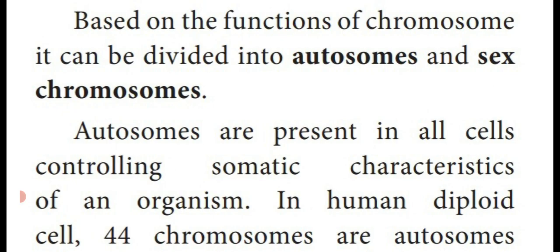One is autosome, which is present in the body cell. Another one is the sex chromosome, which is present in the sex organs such as anther and stigma. In human beings, it is present in the testis and ovary.